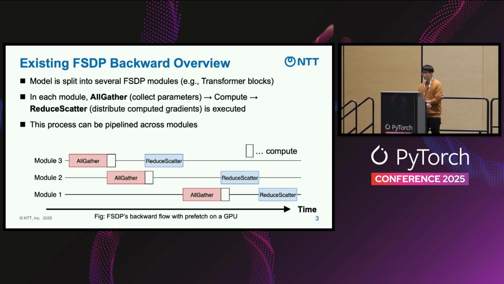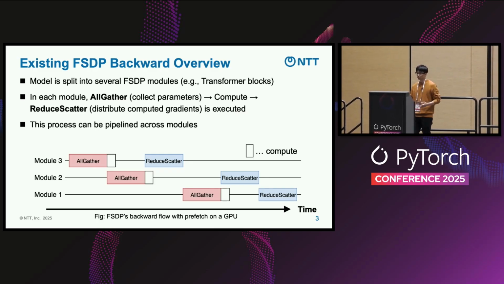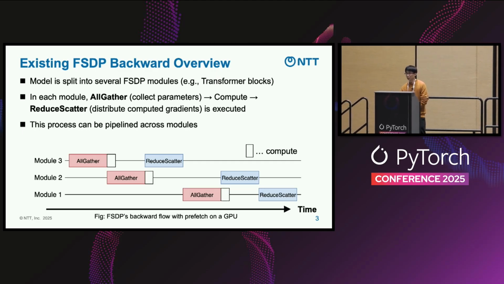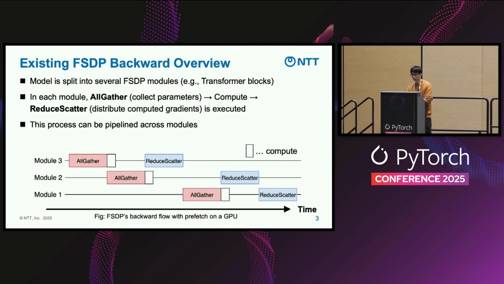This slide shows the existing backward schedule in FSDP. Before training, in many cases, we split the model into some FSDP modules. For example, when we train a transformer-based model, we split it into modules based on the transformer blocks.